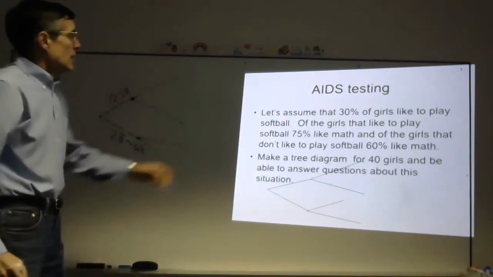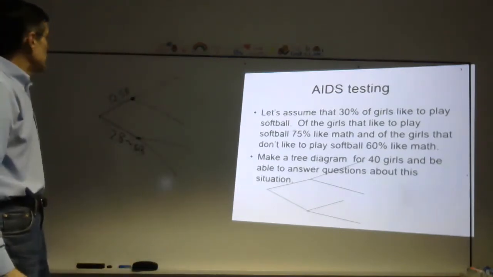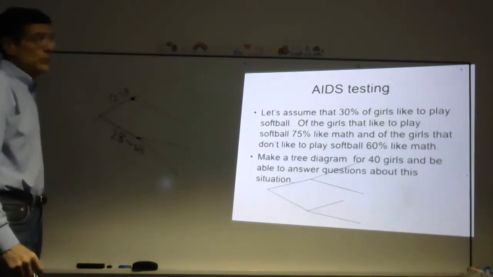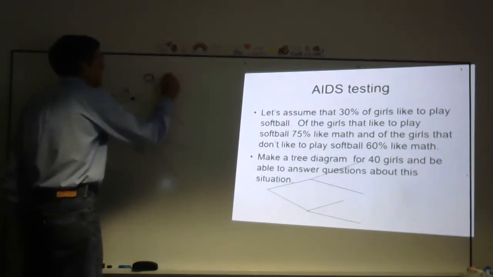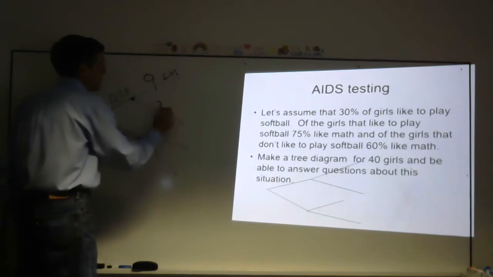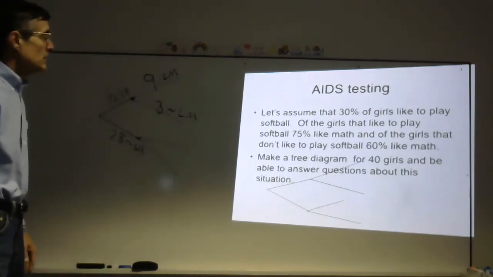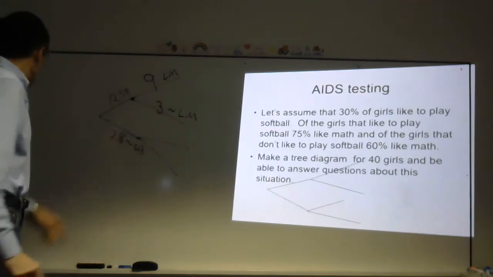Now, of the ones that like to play softball, 75% like math. So 75% of 12 should be 3/4 of 12, which is 9. So 9 like math, and 3 do not like math. Of the ones that don't like to play softball, 60% like math.